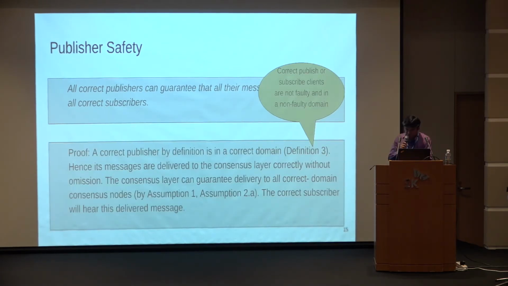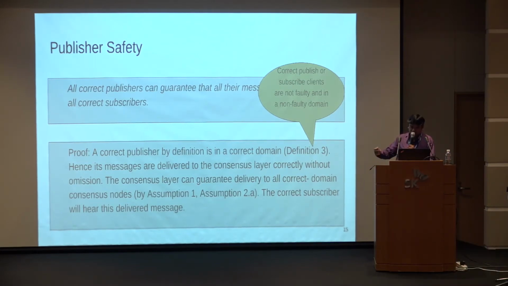To prove this property, we have given a number of definitions and assumptions in the paper. I'm going to highlight some of them here as I talk about this proof. I already mentioned that a correct publisher, by definition, is assumed to be in the correct domain.